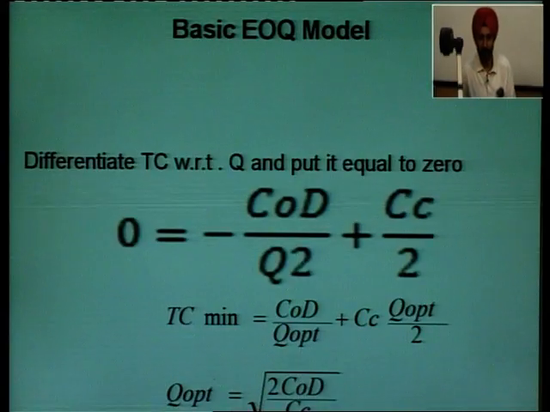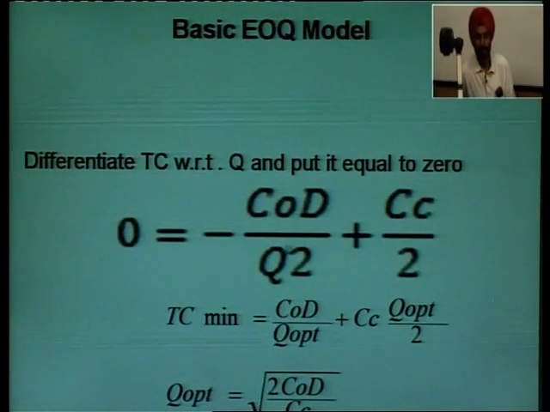Now, we will differentiate this total cost function with respect to Q, and finally, after differentiation you will come to this point that Q optimum is equal to under root 2 C naught D divided by CC. Here D is our annual demand, C naught is our ordering cost and CC is our carrying cost. So, this is Q optimum.